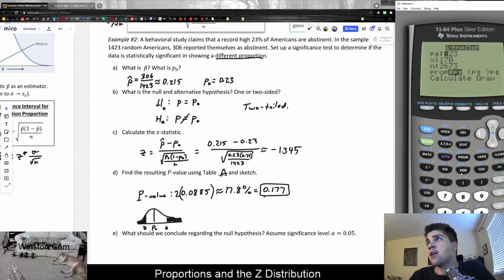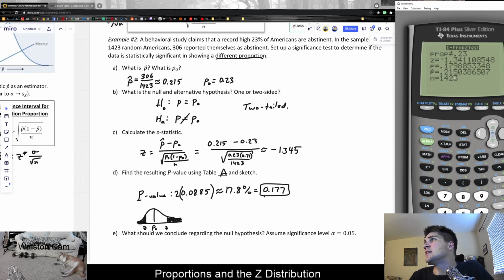So here our null hypothesis was that the sample proportion was 0.23, and then we had 306 Americans reporting as abstinent out of 1423 in our sample. And we have a two-sided test that's already set, but you can change it as well like usual, and we could hit calculate.